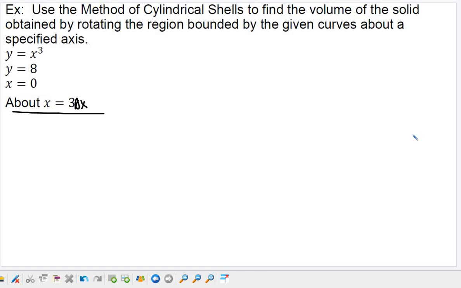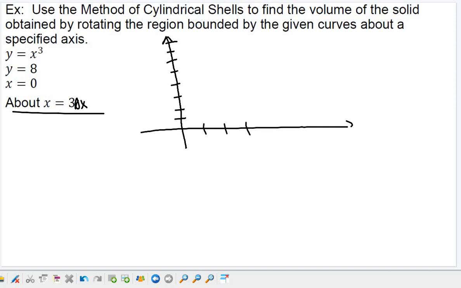So again, I'm in the first quadrant. So y equals 8. 1, 2, 3, 4, 5, 6, 7, 8. I'll spread this out a little bit further. 1, 2, 3.